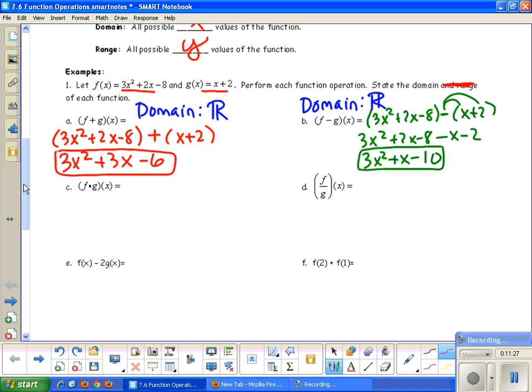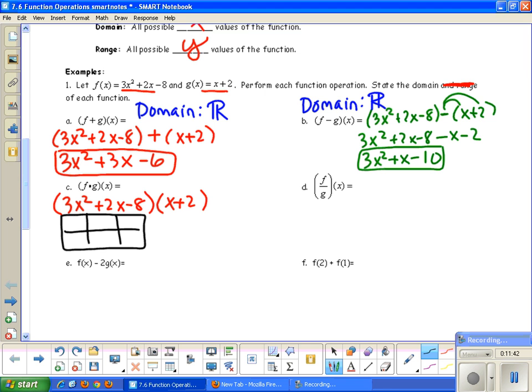So the next one, I'm multiplying my functions. So I'm doing 3x squared plus 2x minus 8 times x plus 2. And I like to use the box method when I'm multiplying, so I'm going to go ahead and box that out. And then when I combine like terms, I have 3x cubed.